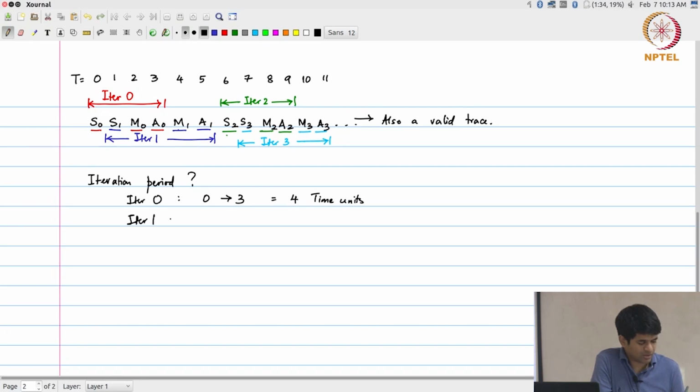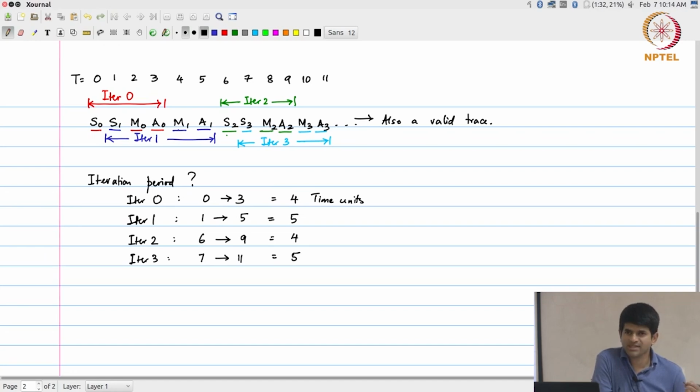Iteration 1 goes on from 1 to 5, which is 5 time units. Iteration 2 goes from 6 to 9, 4 time units. Iteration 3 goes from 7 to 11, 5 time units and so on.